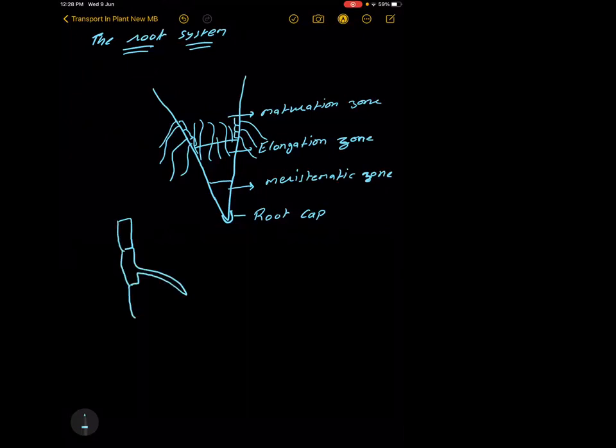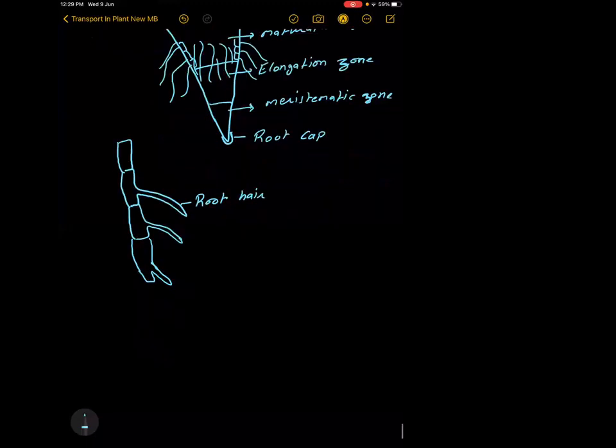So some cells, not all but most of the cells in the root, show longitudinal growth, and these cells start formation of root hair. And these are epidermal cells.